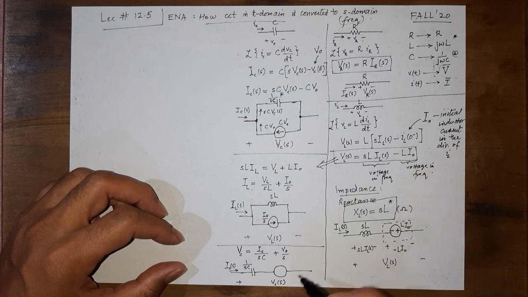Here we have a plus sign, so the voltage source has this polarity, the same polarity as VC. So this is V naught over S. 1 over SC, the whole voltage across this is VC of S.